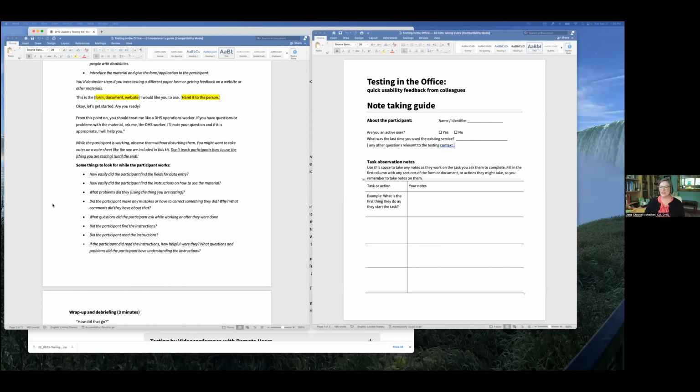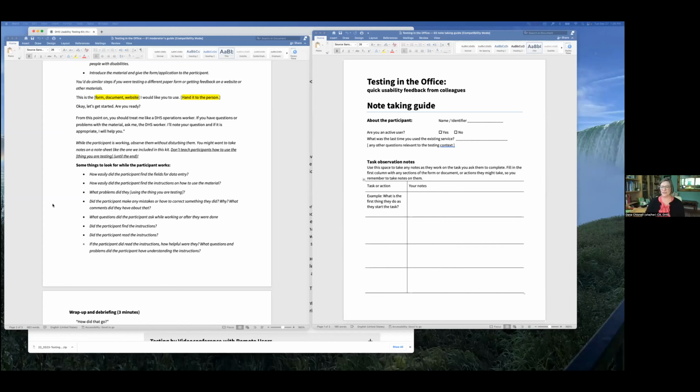So we developed a series of things that someone might look for if, say, they were trying to usability test a form. So for example, and this is included in the moderator's guide, how easily did the participants find the fields for data entry? How easily did the participant find instructions for how to use the materials?